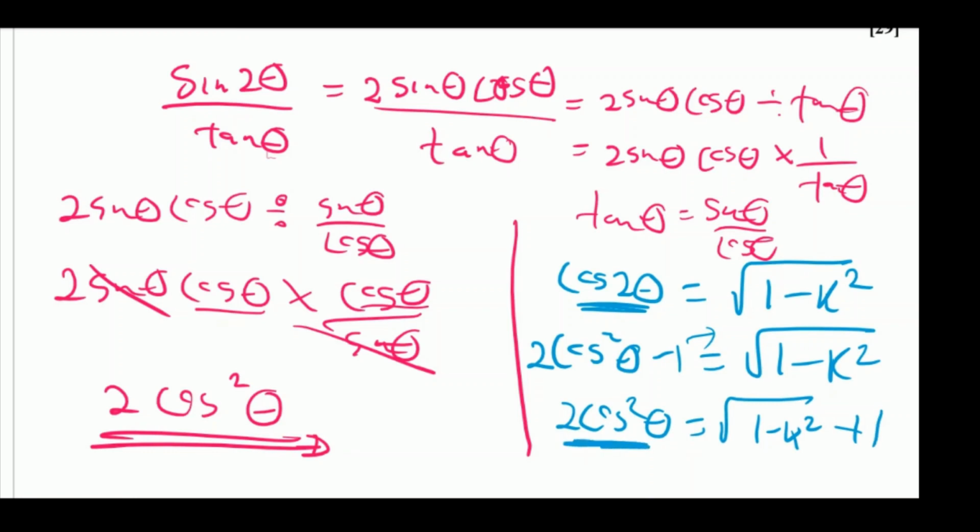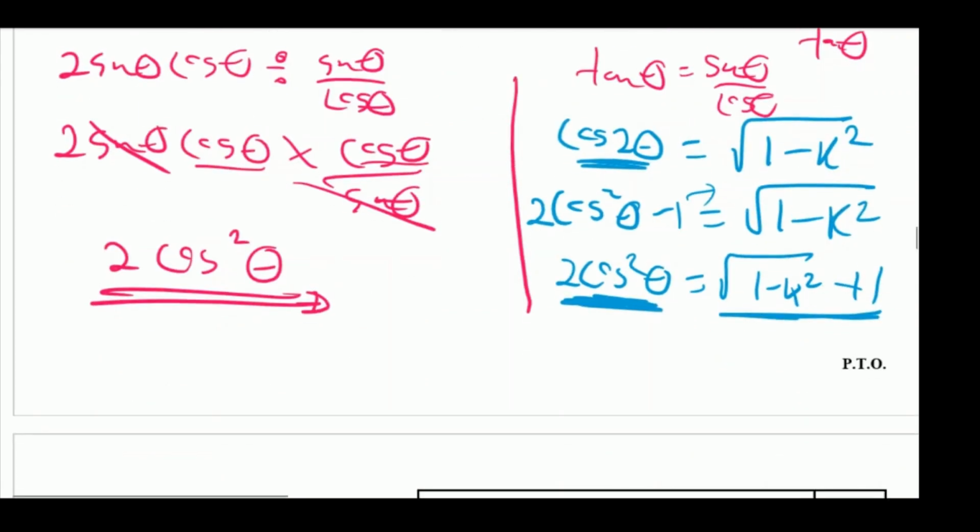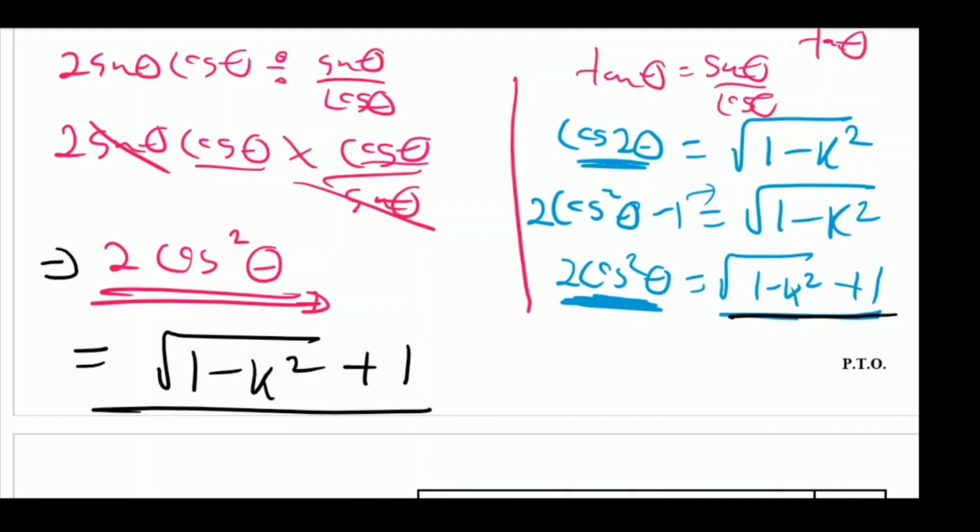So if you have 2 cos squared theta, this is the solution you'd be looking for, which is what we got here, 2 cos squared theta. So the solution is simply the root of 1 minus k squared plus 1.